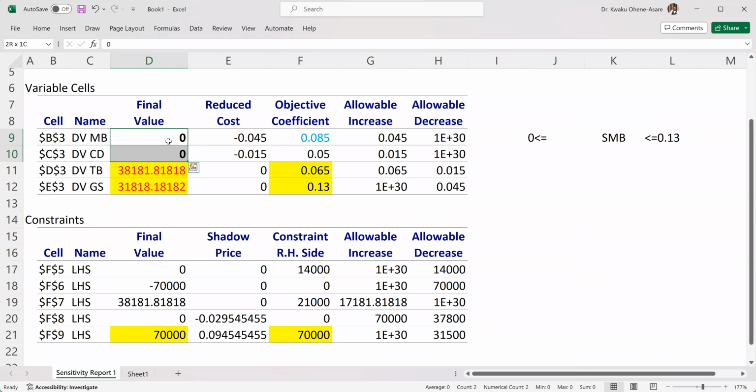Now, the sensitivity range tells you that this interest rate can go up all the way to 13% and can go down all the way to 0.